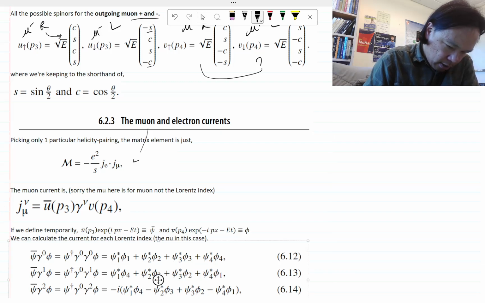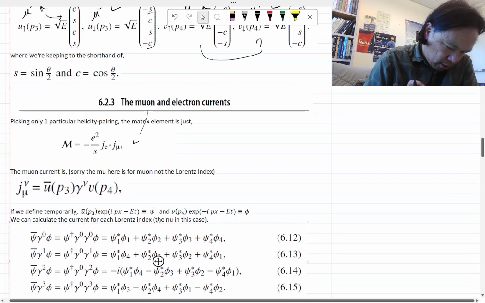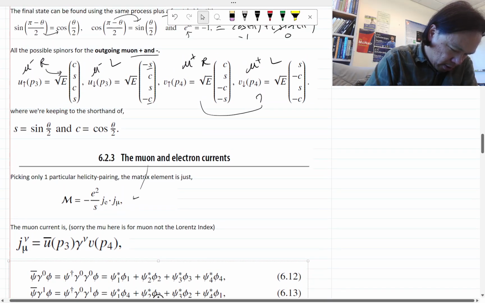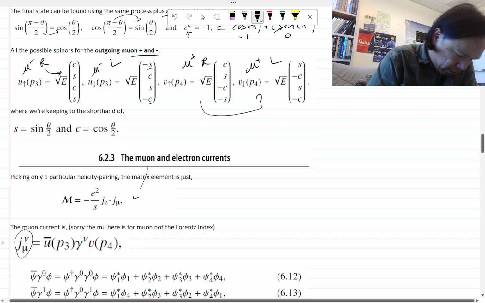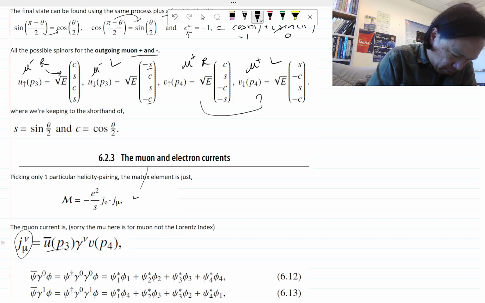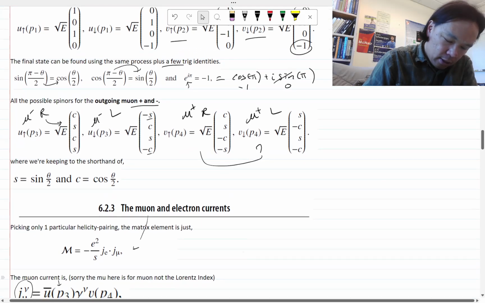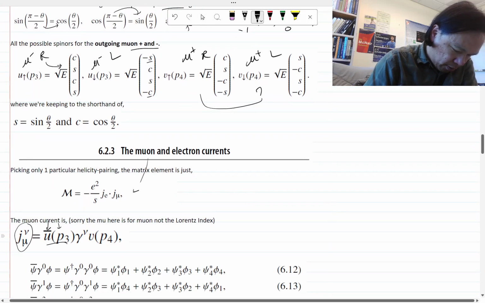This particular current is the muon current, and then it's the p3 bar for the muon, which is the outgoing particle. So that's why that bar is there.